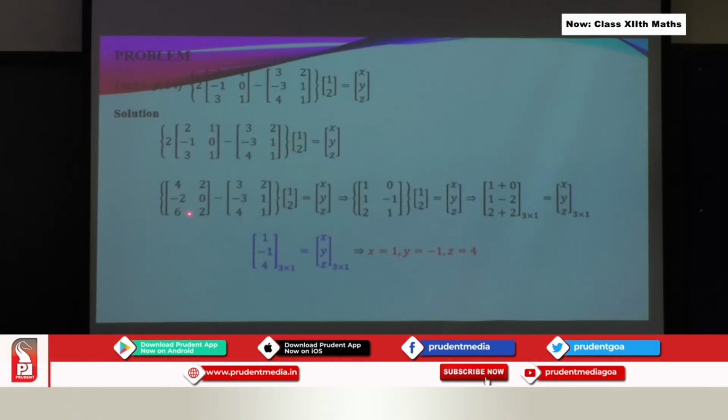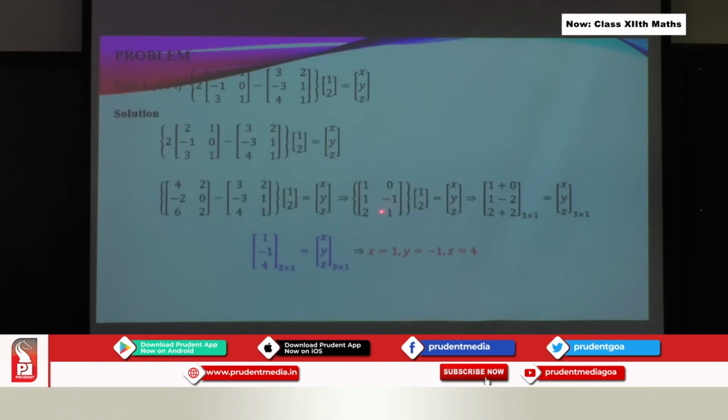So I get this matrix here, minus this matrix. So I will find the subtraction of two matrices. So 4 minus 3, I am getting it as 1, look. 2 minus 2, I am getting it as 0. Minus 2 minus of minus 3, I am getting it as 1. So the output of these two is this, which is there in the curly bracket.